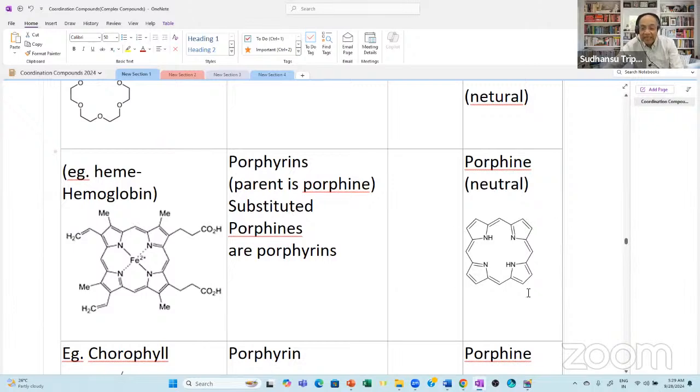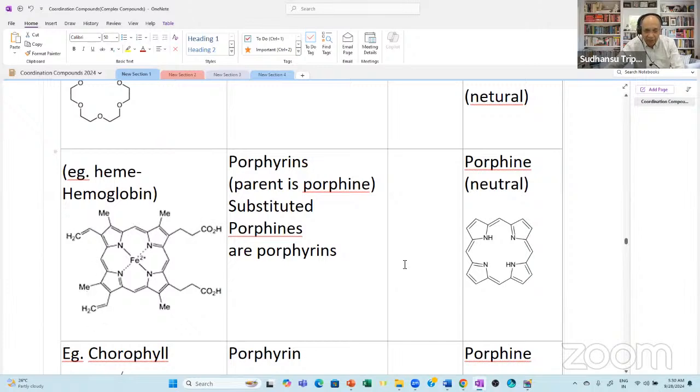So this porphine is the parent nucleus, and any substitution in different positions gives porphyrin. And the complex out of this porphine macrocyclic ligand is very, very important in biology. Hemoglobin, heme, has the ferrous ion as the central metal ion sitting at the center, with different branches at different points.